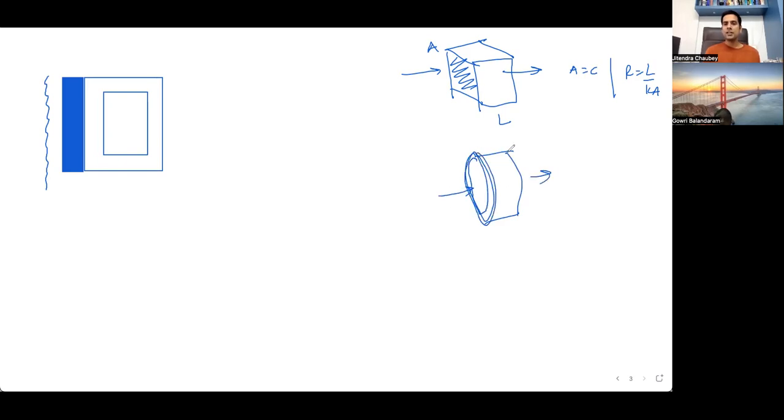This area of cross section is not changing throughout the length. Okay. Only if the heat flow is axial, heat is flowing through the axis. But the moment heat flows in radial direction, the dynamics change. How? You can see, because your radius changes. Radius changes at every instant.